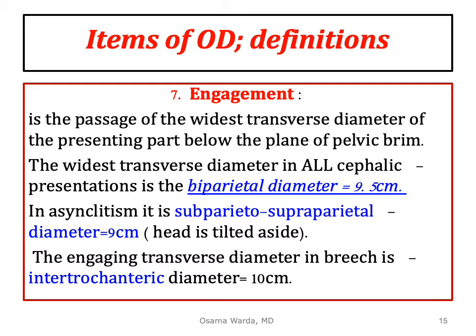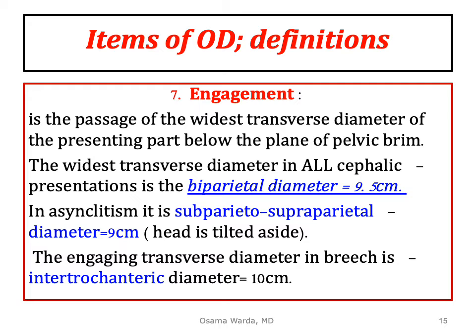We start with the widest transverse diameter of the presenting part. We have 2 types of presentation that may be engaged: the cephalic and the breech, while the third, which is the shoulder presentation, is not deliverable and cannot be engaged.